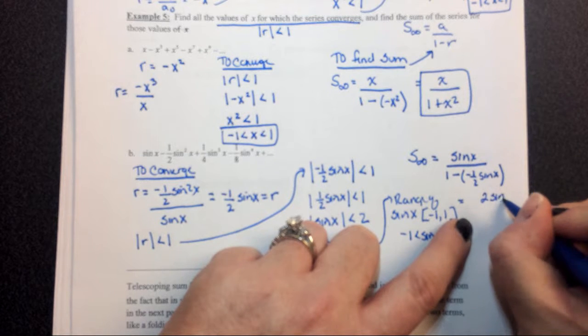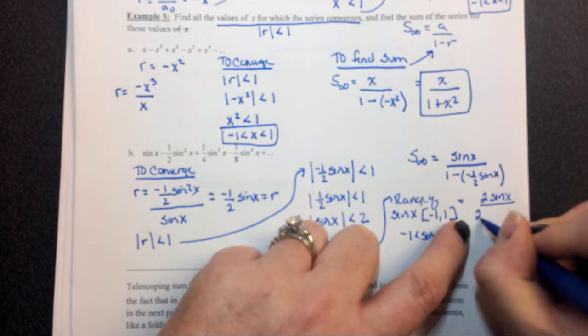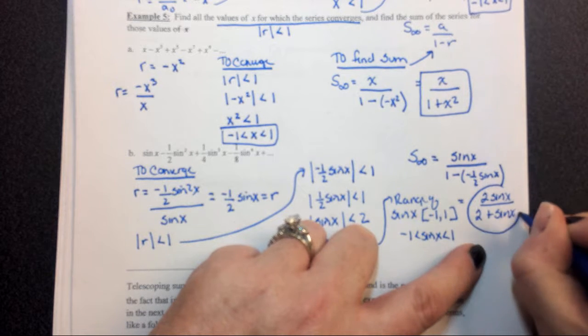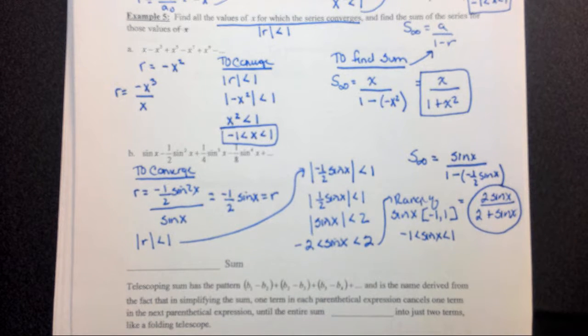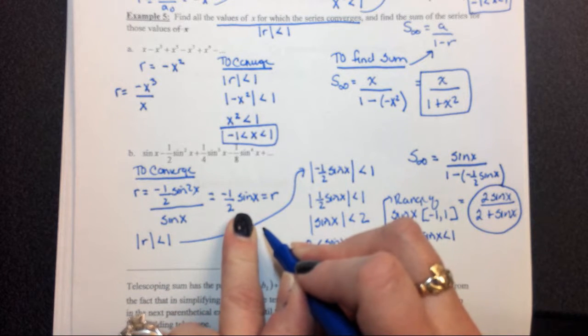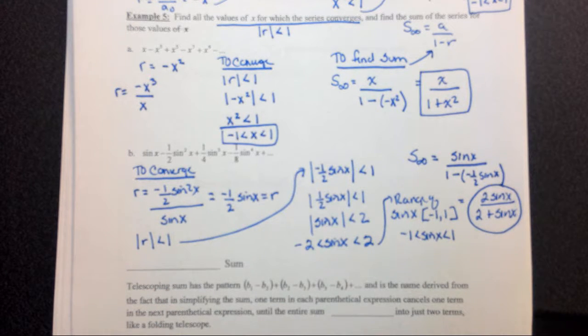So I have 2 sine x over 2 plus sine x. Any questions on the geometric series, being able to figure out how to show whether it's converging and then show what it's converging to?